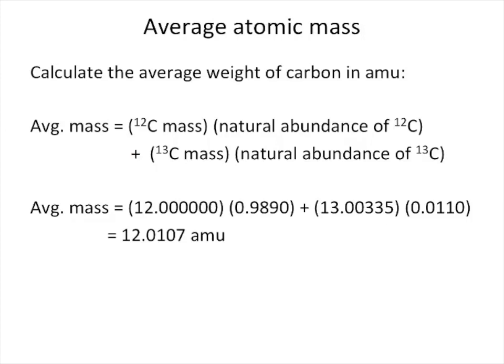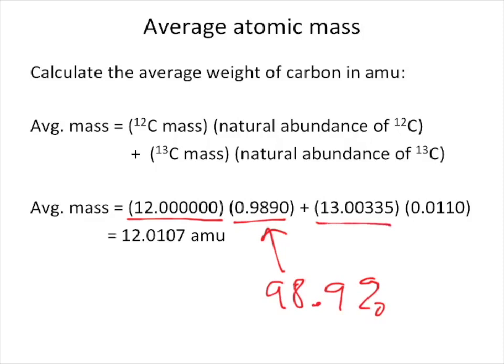You take the mass of carbon 12 and its natural abundance, and then you convert this into a decimal form. Remember, this was 98.9%. So you convert that into a decimal form, and then you have the mass of carbon 13 and its percentage in decimal form. And then when you do the math here, you get 12.0107 atomic mass units, and that gives you the number that's listed in the periodic table.